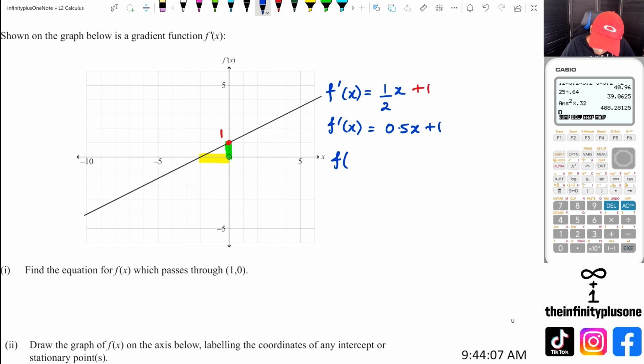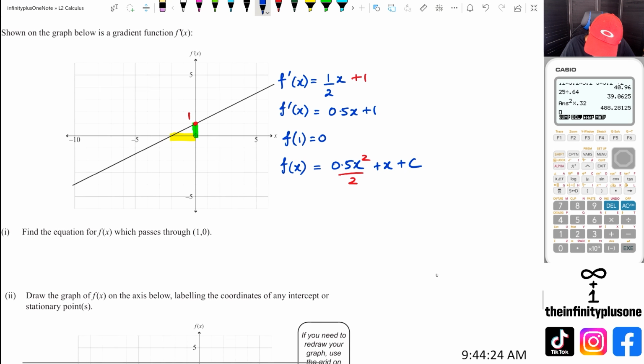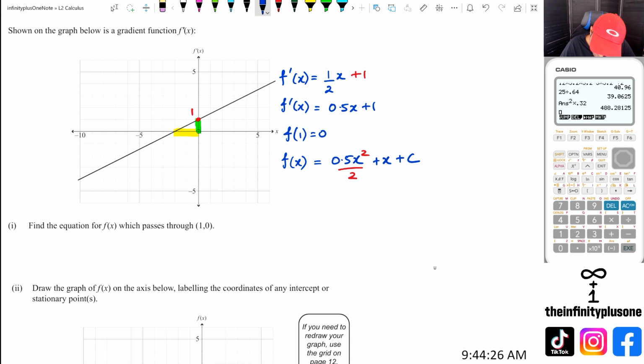Now I need to figure out what the f of x is, which passes through 1, 0. So f of 1 is equal to 0. I'm going to integrate f dash of x, which is going to give me f of x, which is 0.5x squared over 2 plus x plus c. Once I have that, because f of 1 is equal to 0, I can put 0 is equal to 0.5, 1 squared over 2 plus 1 plus c.